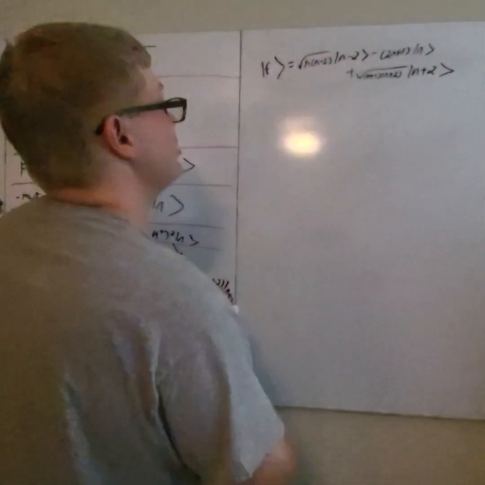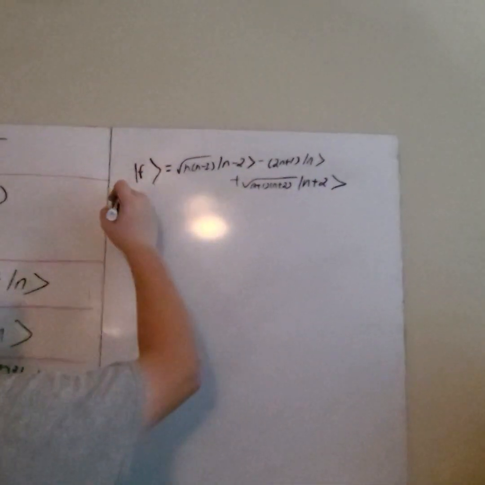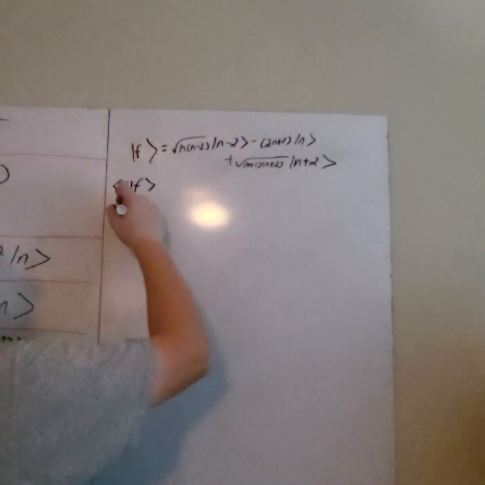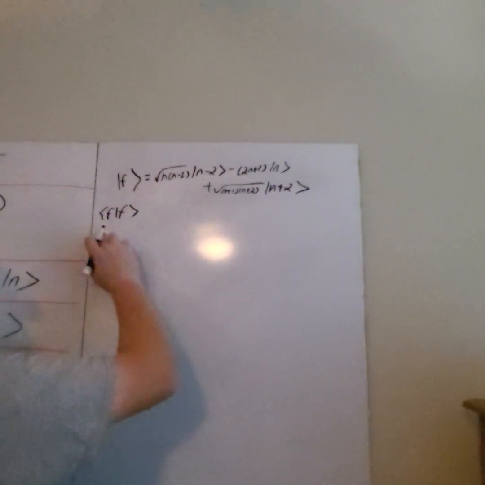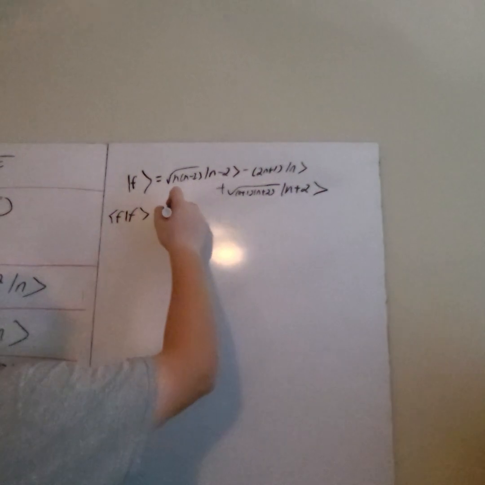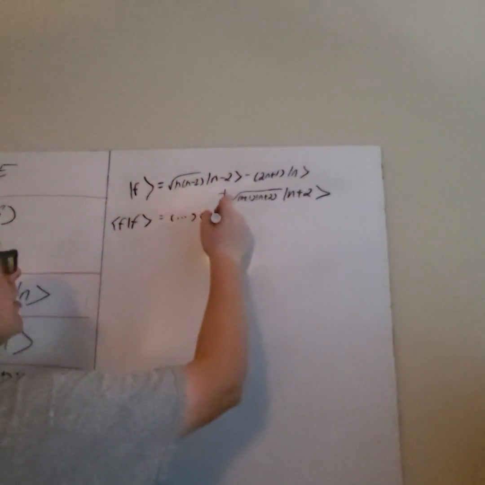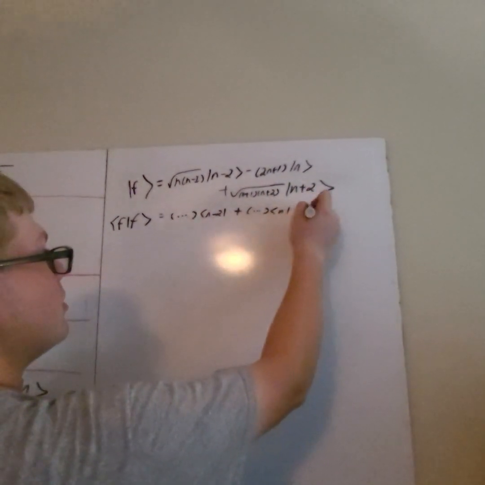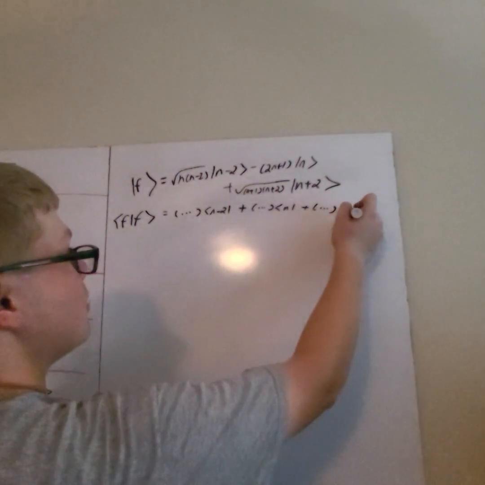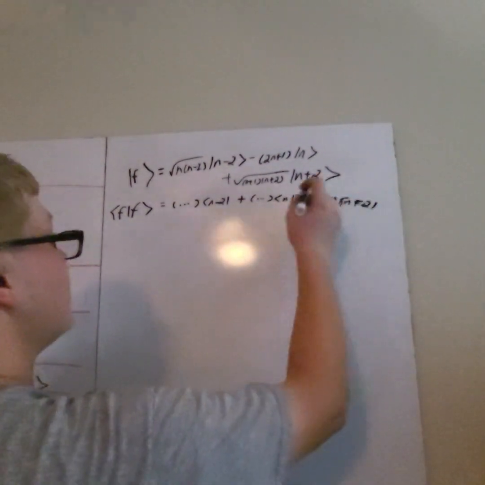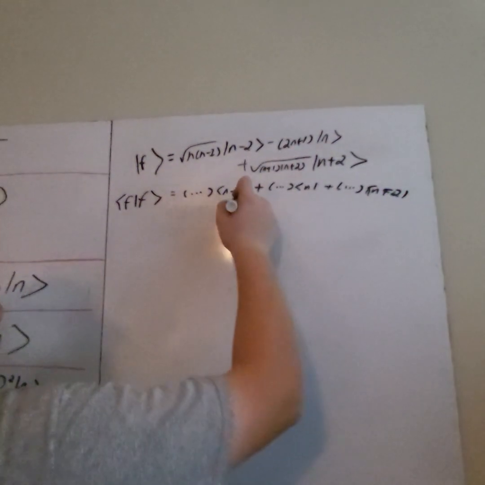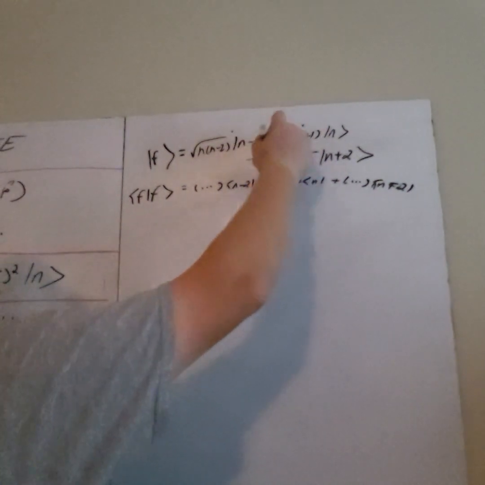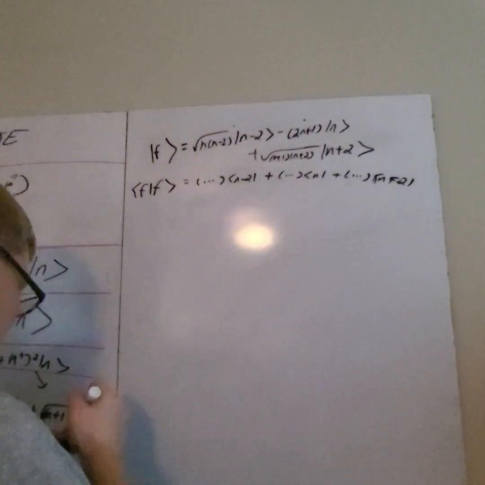So, looking back over here, if you were to calculate it, it's like a dot product. You'd get a bunch of products: this times this, this times this, this times this.